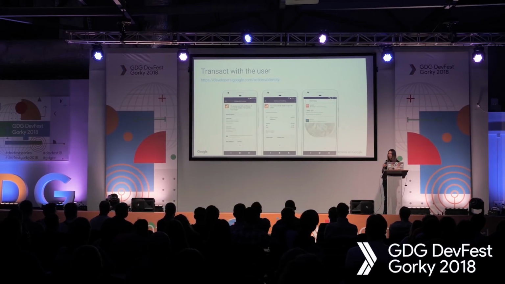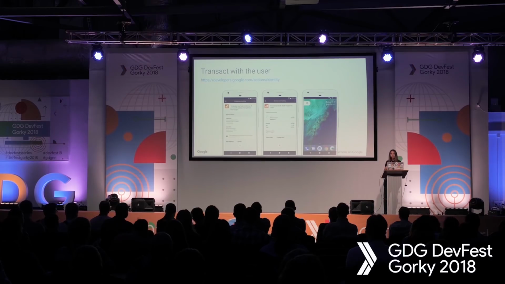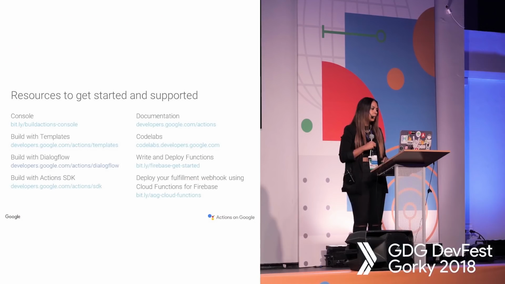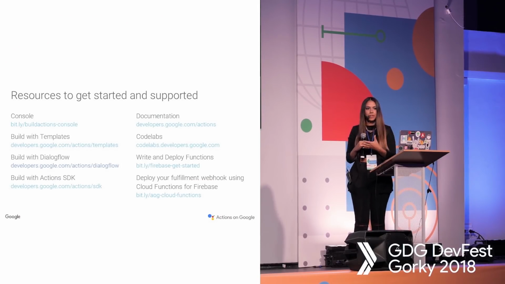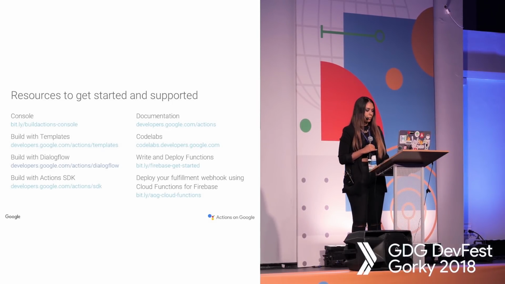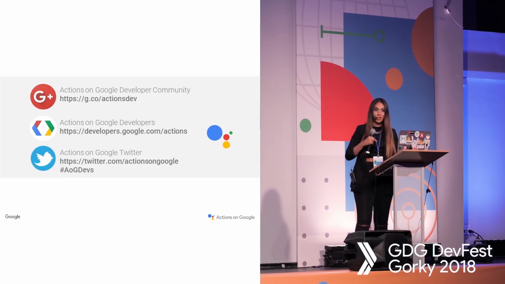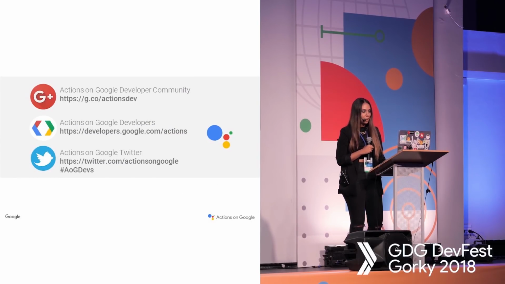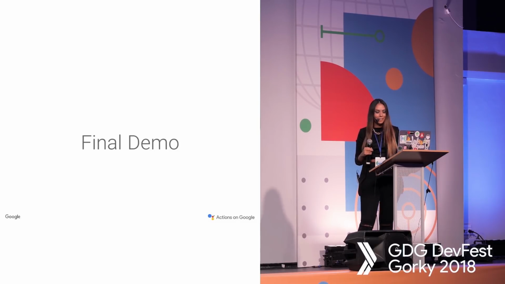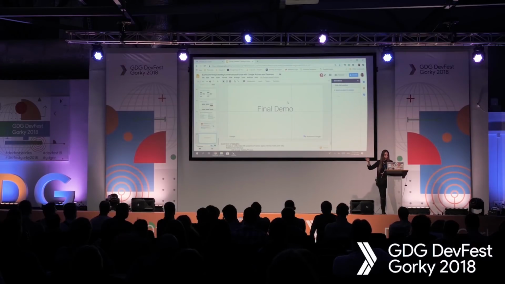The different kinds of cards are, as Elisa mentioned before, a different way to use not only voice but also images if you need them. We have different kinds of resources to use this. I'm going to share them with you. And of course, try to get involved with the community. But let's see the demo, and let's see how everything is going to break now.